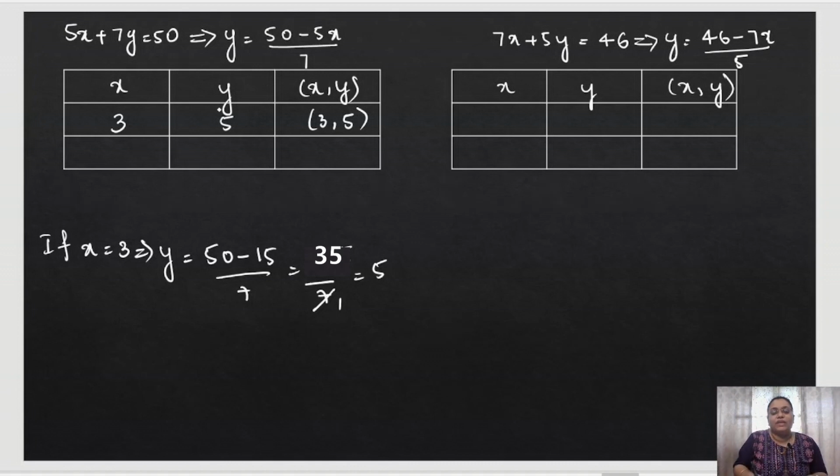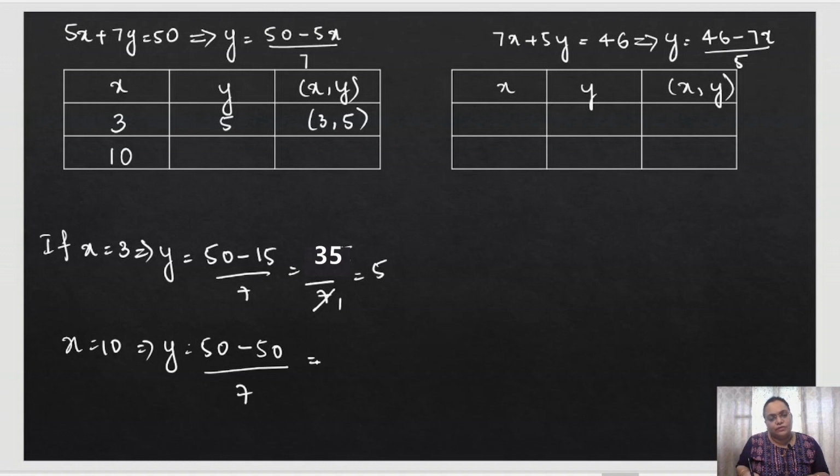See here, we need to take the points in such a way that it is divisible by 7. So let us take x is equal to 10. If you take x is equal to 10, then y will be 50 minus 5 into 10, which is 50, by 7, which is 0. So the points are 10 and 0.